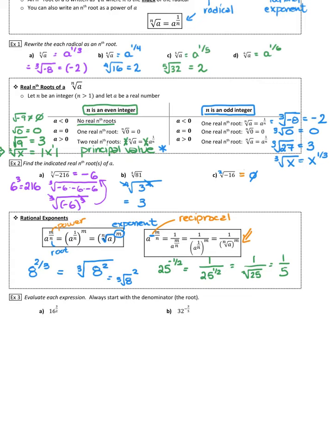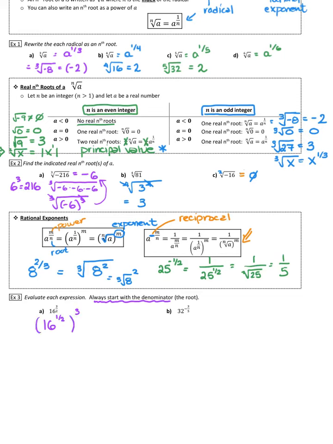All right, we're going to evaluate each expression. So what I recommend, always, always, always start with the denominator because it makes the number smaller, then raise it to a power. So for instance, we have 16 to the 3/2. That's equivalent to 16 to the 1/2 cubed.